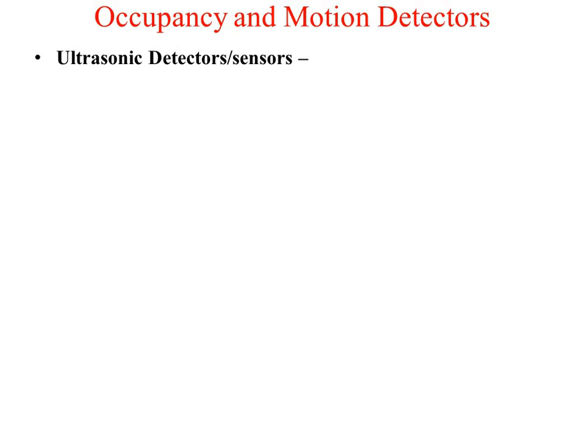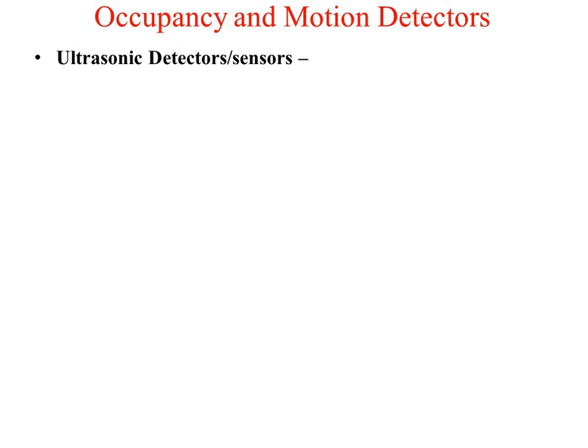In this lecture on occupancy and motion detectors, we are going to focus on three types of detectors. First one is the ultrasonic detector, second one is the optoelectric detector, and the third one is the PIR sensor.